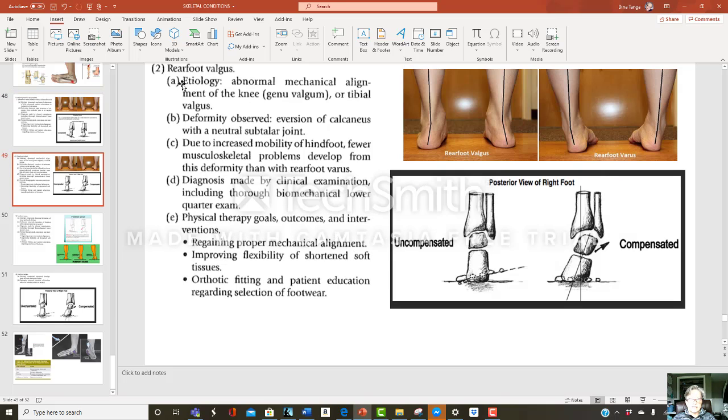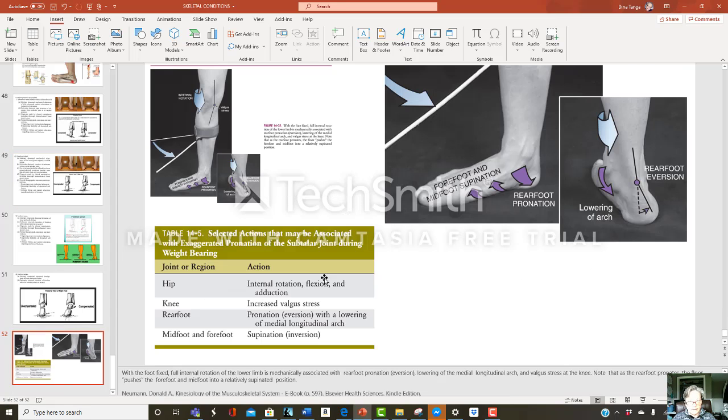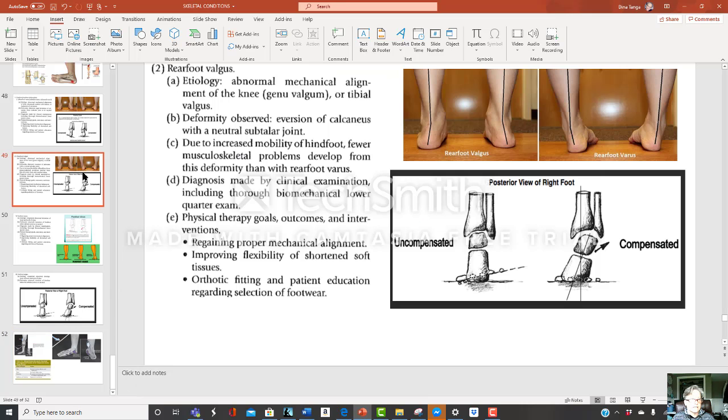Rear foot valgus here, so you have the arch collapsing with rear foot valgus. Like here, rear foot valgus. So the arch is lowering, the rear foot is in eversion. Like what happens to the knee, the knee goes into a valgus stress.